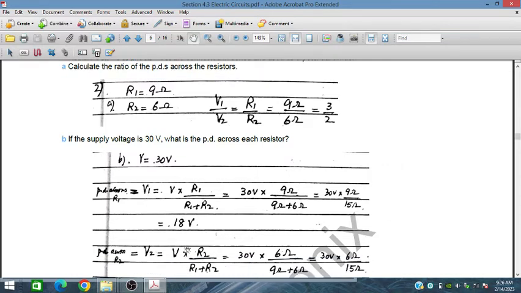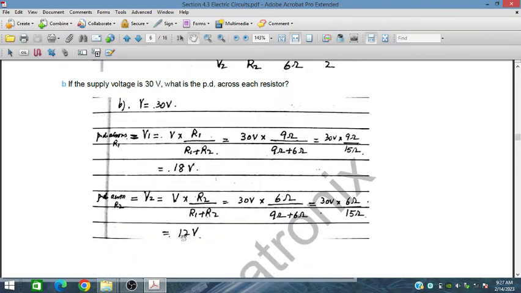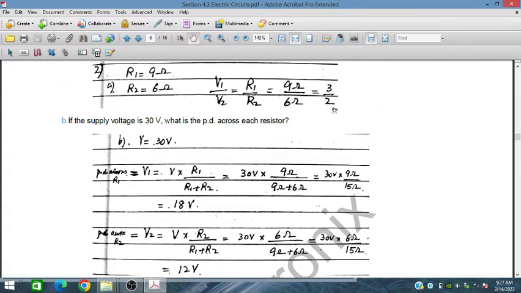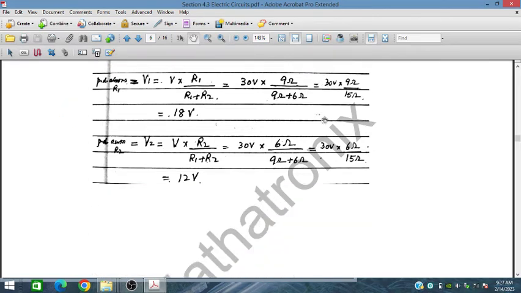Similarly for V2, 30 volts times 6 ohms over 15 ohms, so we have 18 volts across the 9 ohms resistor, and 12 volts across the 6 ohms resistor. So the ratio is 3 upon 2, since 18 divided by 12 is 3 upon 2.